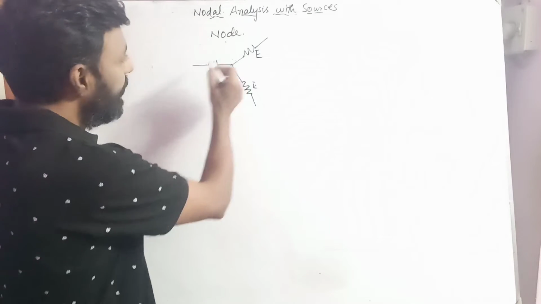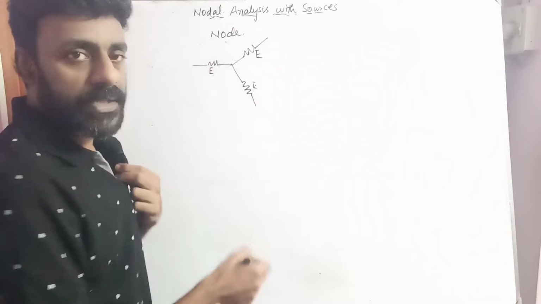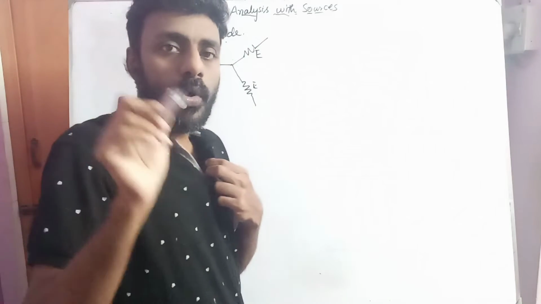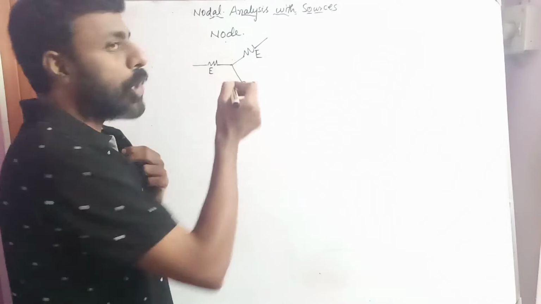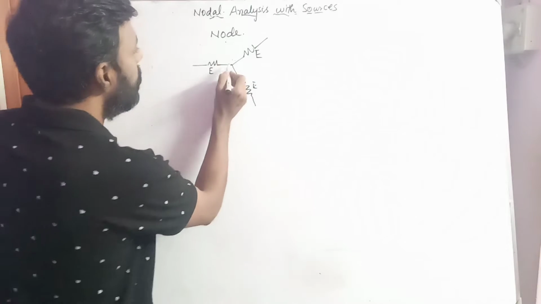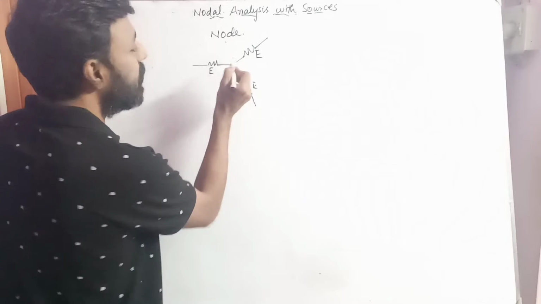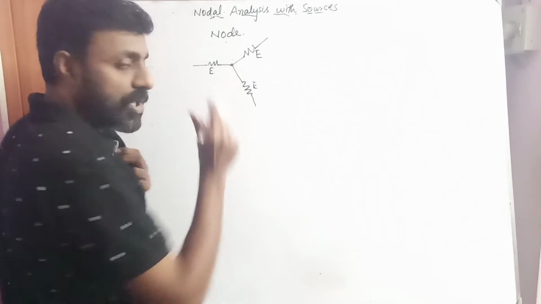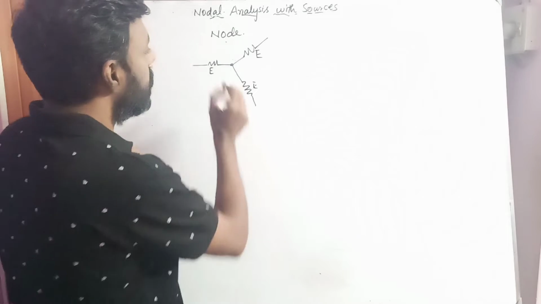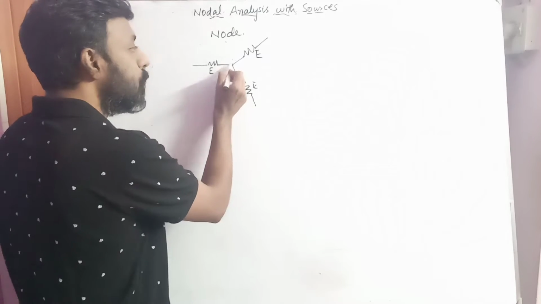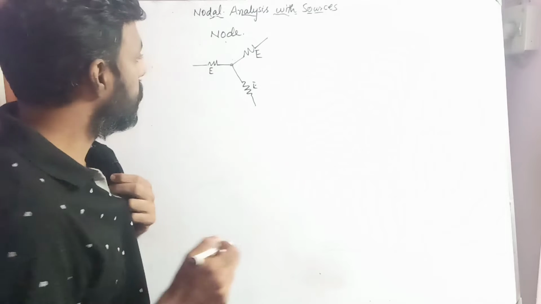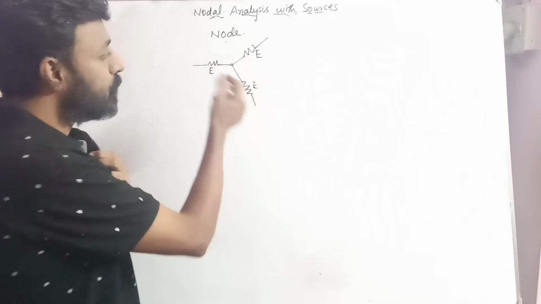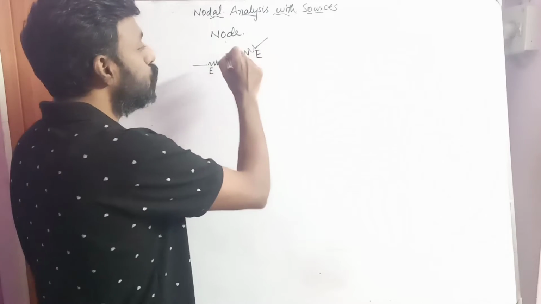Now in this resistive network, if you want to pinpoint or locate a node, this will be a node. Why am I terming it a node? Because, number one, it is a junction point, and number two, this junction point should be formed in such a way that it connects two or more elements.